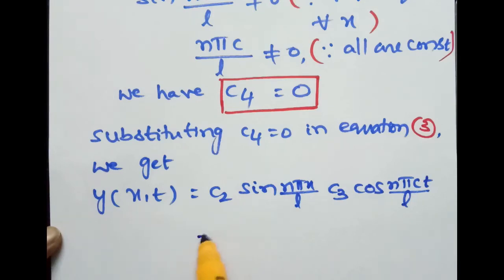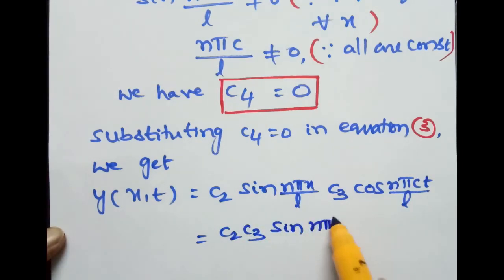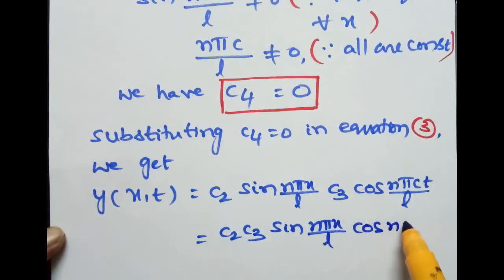Therefore, this can be written as c2 c3 sin n pi x by L into cos n pi ct by L.